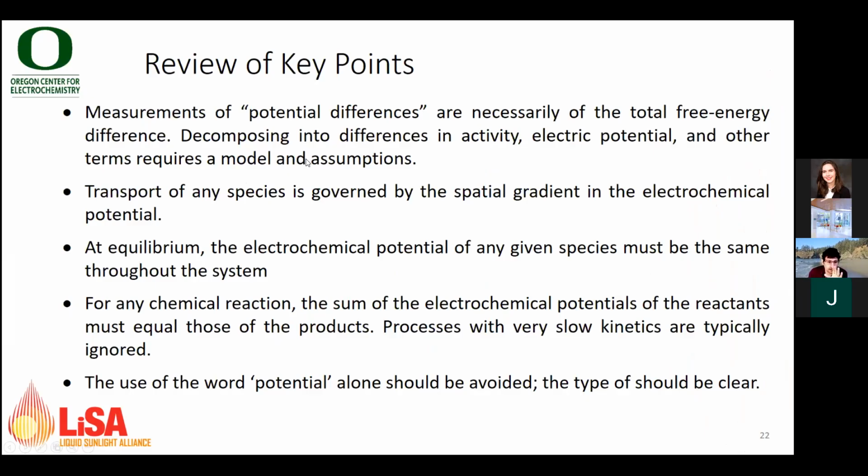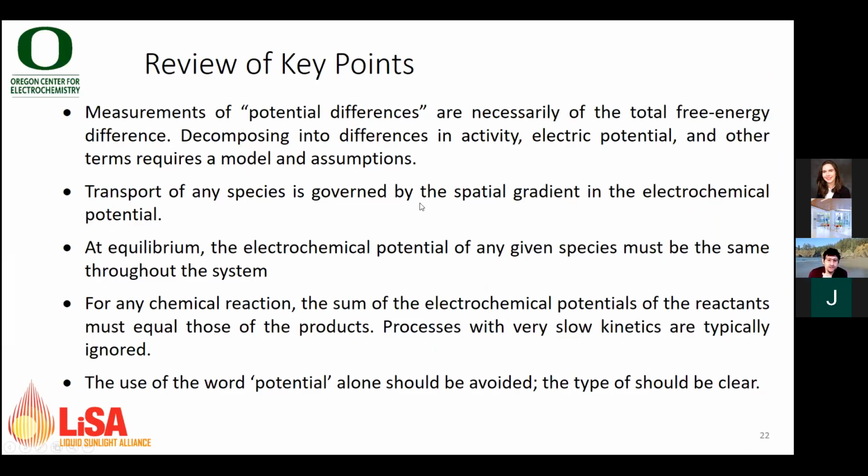So one key point that came out of the last lectures is that measurements of potential differences are necessarily of the total free energy difference. So if you want to decompose those potential differences into activity differences or electric potential differences, you need to have some sort of model, and you require some sort of assumption. So it's good to understand those.